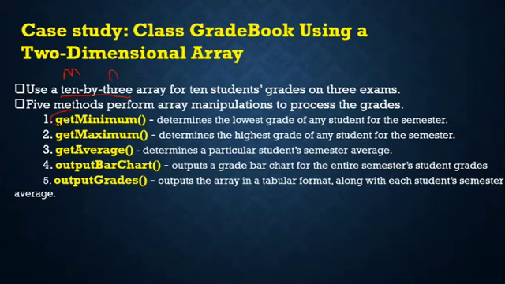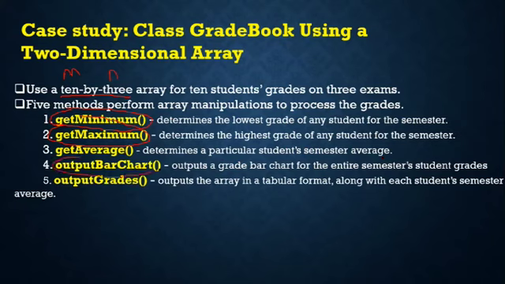And you will also have 5 methods in your program. You will have a get minimum method, a get maximum method that will get the highest grade, and get average. Follow the naming convention. These are the names of your methods. Get average determines a particular student's semester average.